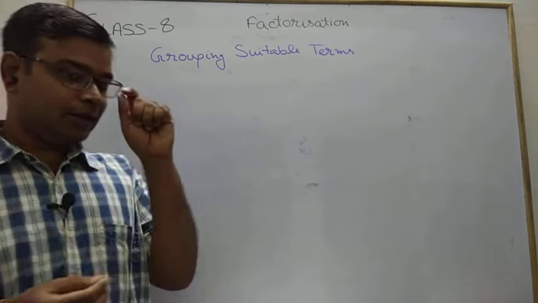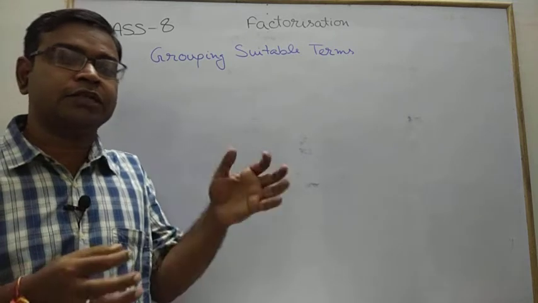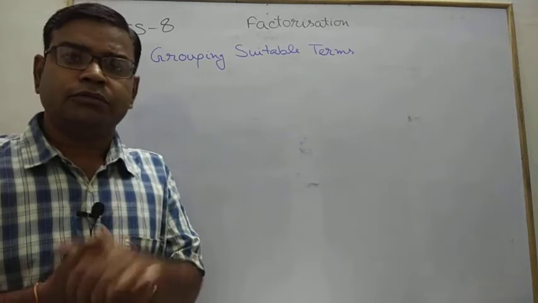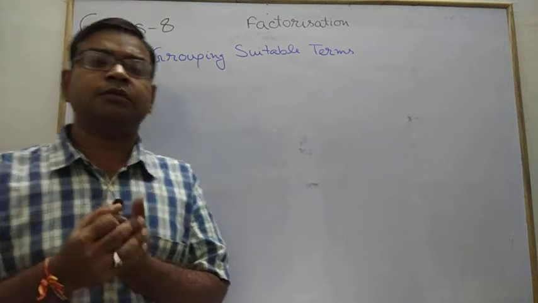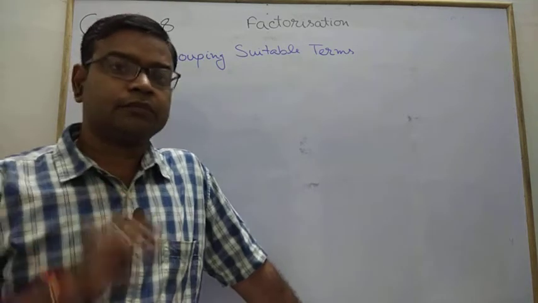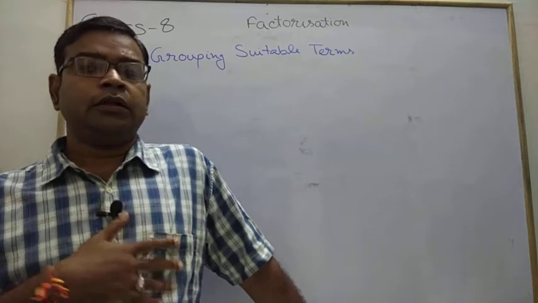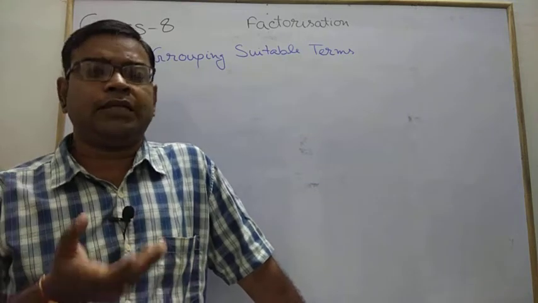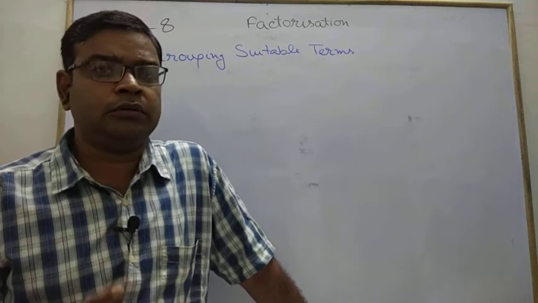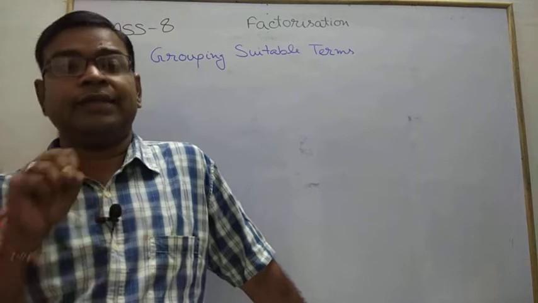Now, actually, we discussed the main basic concepts about factorization. First, where a monomial is a common factor. Second, where a binomial is a common factor. Now a third case arises, but that is not about a common factor. It's about arrangement and then taking the common.